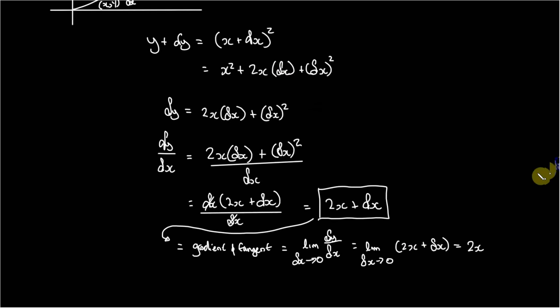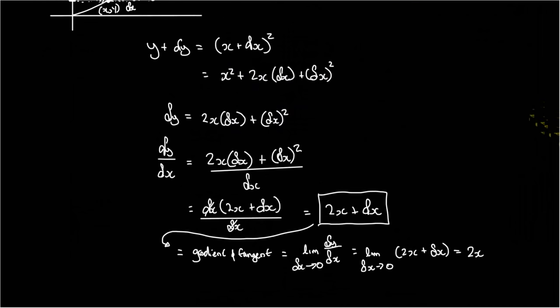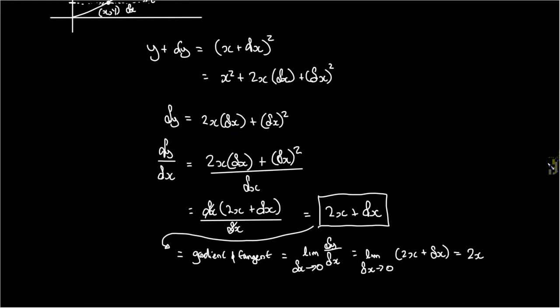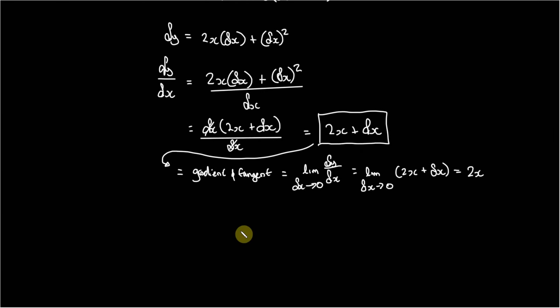In short, to conclude this video, instead of writing all of the working every time, for each case where we need to find the gradient of the tangent at a point, we can simplify by just using a special symbol, which again is just the limit, where delta x tends to 0, for dy over dx.